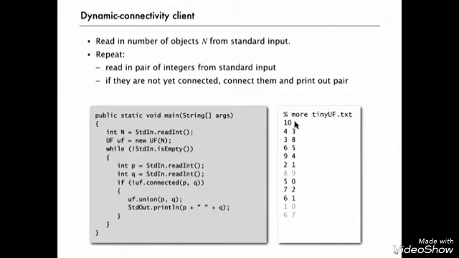First, an integer, which is the number of objects that are going to be processed, and then a series of pairs of object names. What the client does is first read the integer from standard input and create a UF object. And then as long as standard input is not empty, it reads 2 integers from the input. If they're not connected, then it'll connect them and print them out. If they are connected, it'll ignore them.